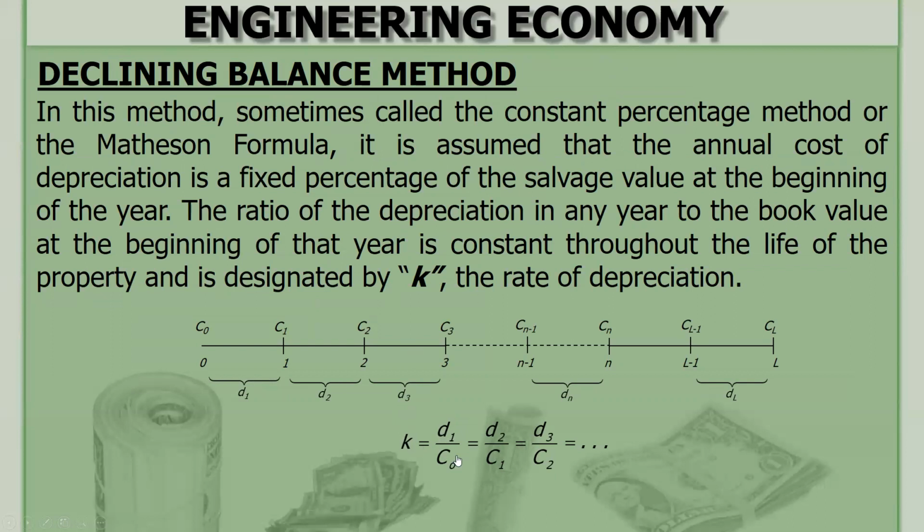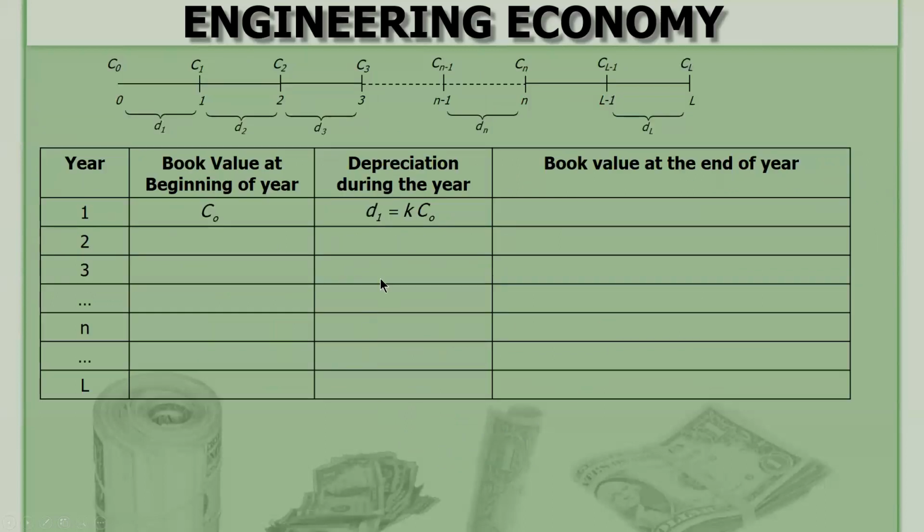D1 is K times C sub 0. So therefore, the book value at the end of the year will be the difference between C sub 0 and D1. So it would be C sub 0 minus D1.